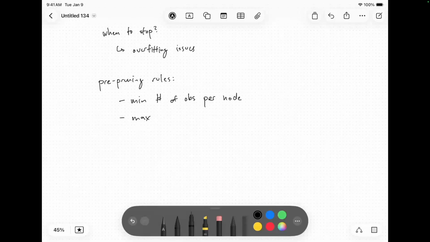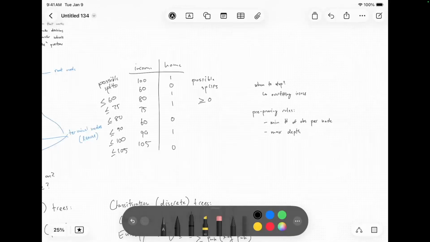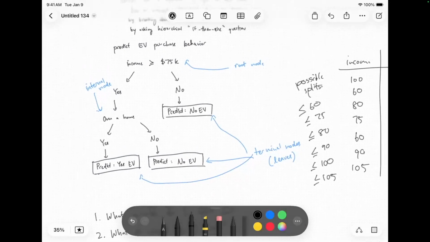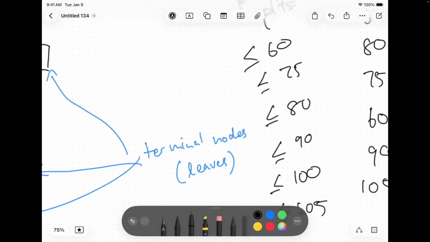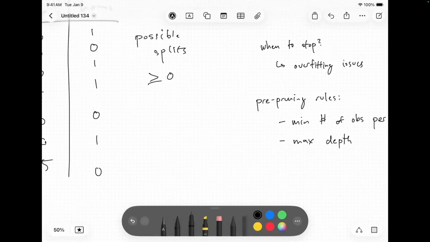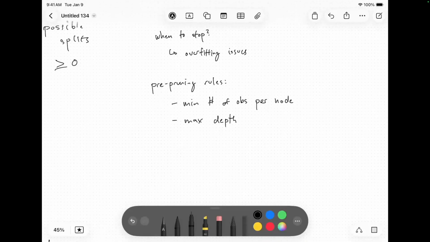You have to have a max depth, so I can only divide my data down some number of layers. This example here would have a depth of 2. We split one variable, then we split another variable. Maybe you might have a max depth of 30 or something, depending on the size of your data.